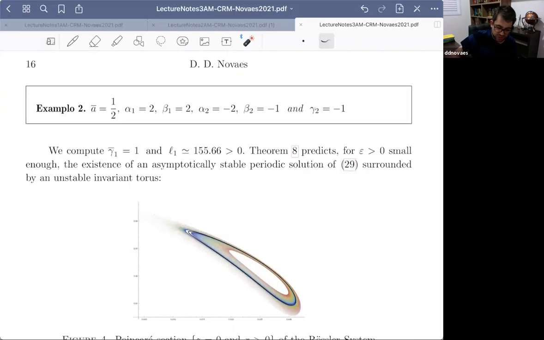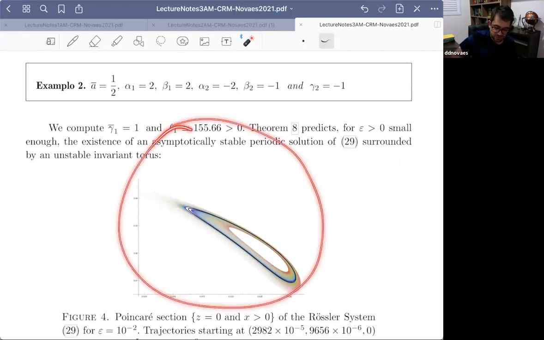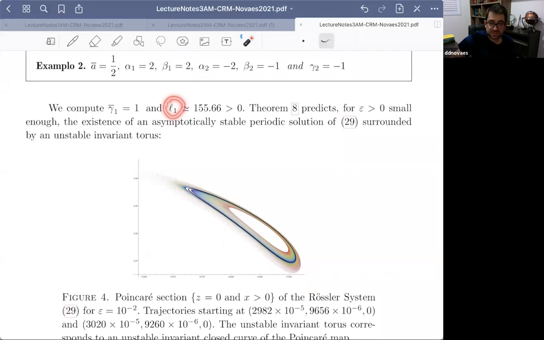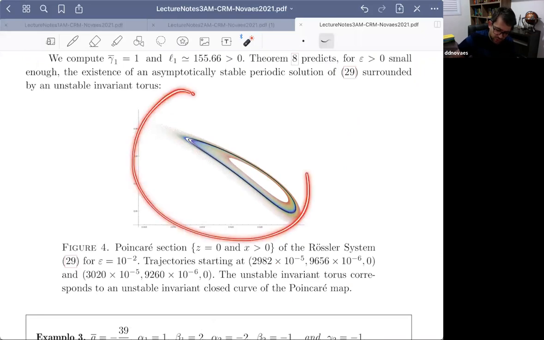Here is just some mathematical simulation of this torus for some concrete values of the parameters. Okay, L1 is the Lyapunov coefficient here that has to be distinct from 0 in order to guarantee a Hopf bifurcation. And I'm drawing here the Poincaré map of the Oscillator system.